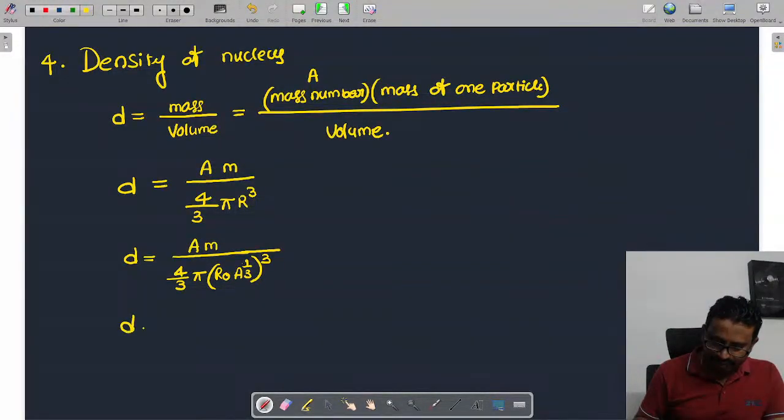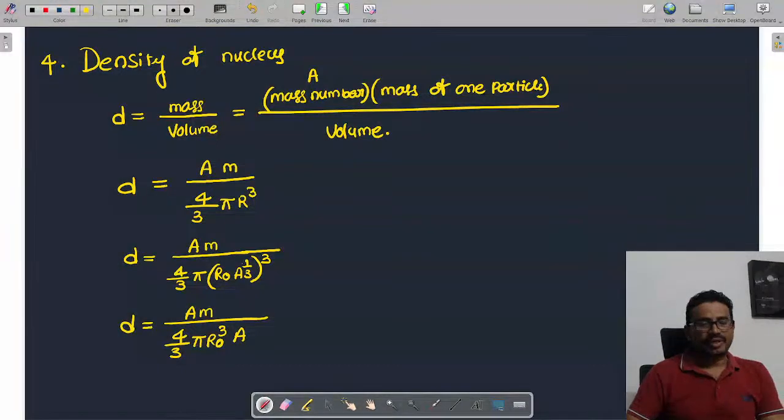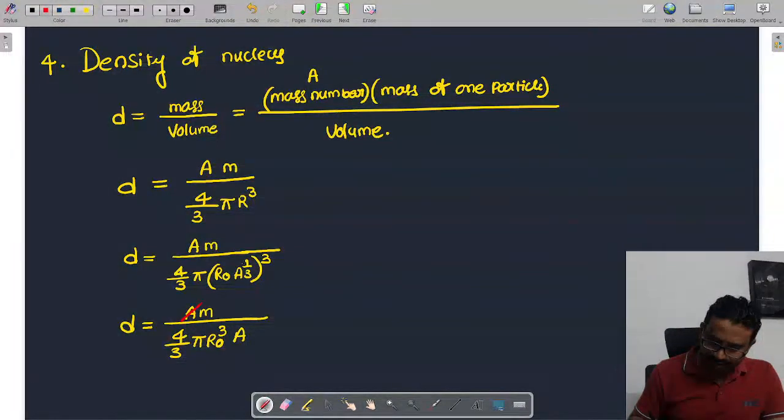So simplify this, it will come as what, tell me now? A m by 4 by 3 pi into r naught cube into A cube. So this power and 1 by 3 will get cancelled. Now here this A will get cancelled.